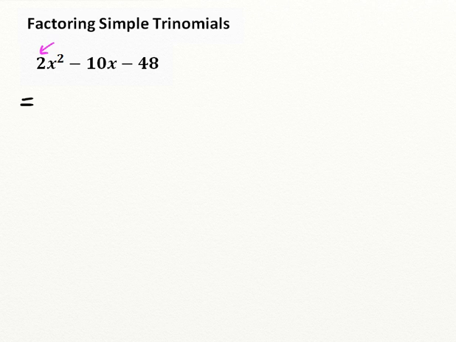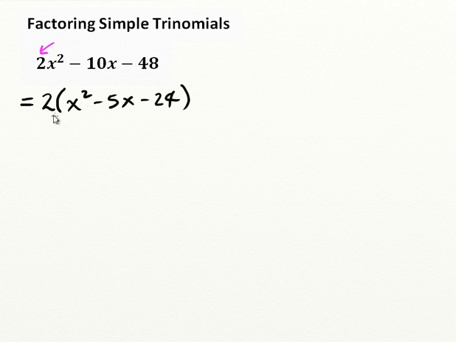But then, after I look at it just a little bit, I realize that, wait a minute here, there's a 2 out in front, and then we've got negative 10 and negative 48, and these are both even numbers. So the first step that I could actually do is to common factor out that 2, and I could leave x squared minus 5x minus 24 inside.